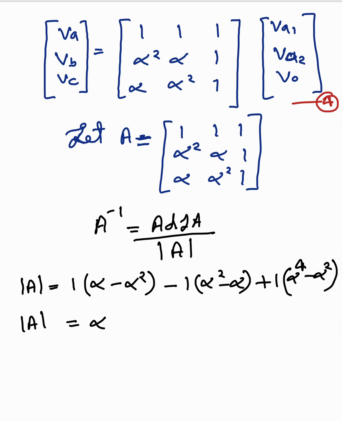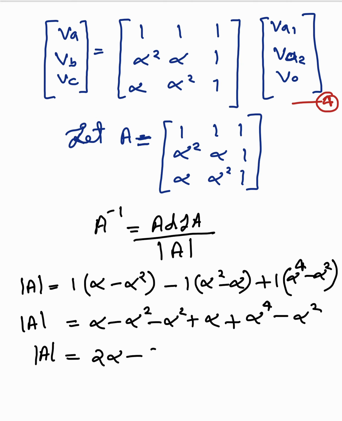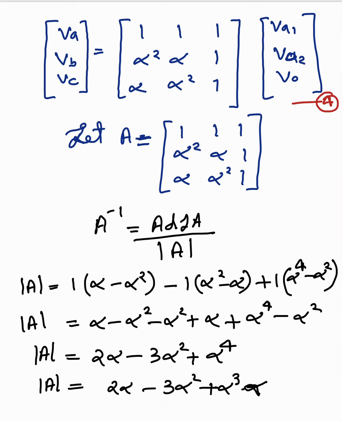Determinant of A is alpha minus alpha square minus alpha square plus alpha cube minus alpha square. So determinant of A is equal to 2 alpha minus 3 alpha square plus alpha cube, into alpha.